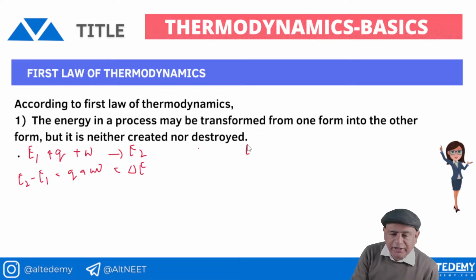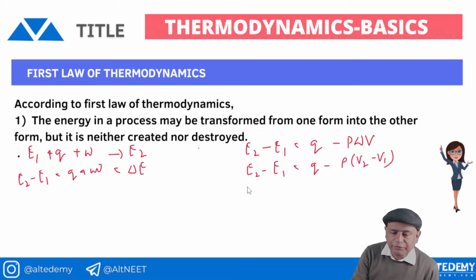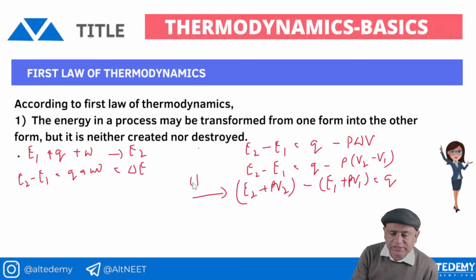Look here, if we write E2 minus E1 is equal to Q plus W, and W we can write as minus P delta V, which means E2 minus E1 is equal to Q minus P times V2 minus V1. From here you can work out (E2 plus PV2) minus (E1 plus PV1) is equal to Q, and this term is called enthalpy.